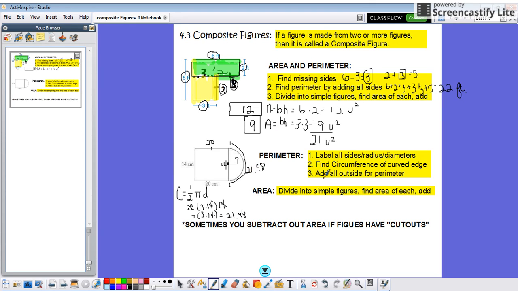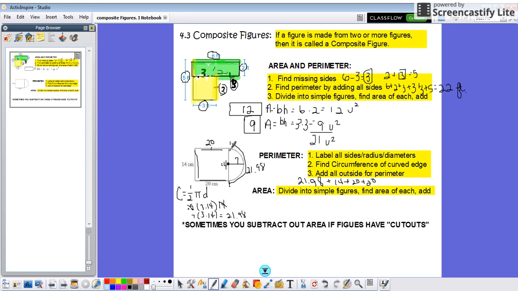All right, so now we're ready to add all of our outside for the perimeter. So our curve being 21.98, and then we have our 14 on our outside piece here, and then our two 20s. So 20 plus another 20.